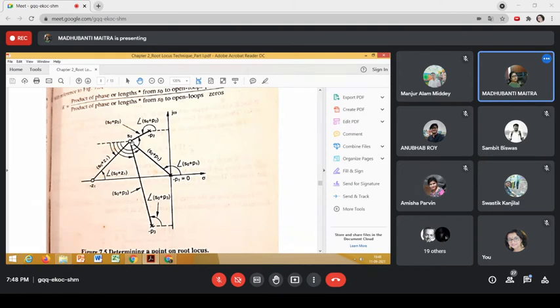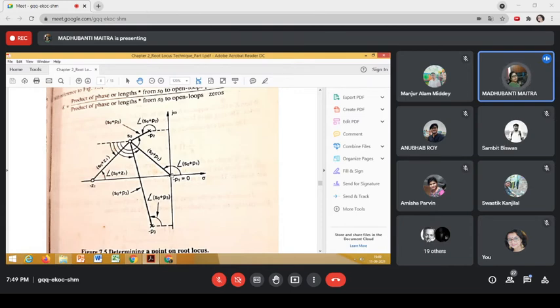Yes, ma'am. So let's take a trial point S0. We don't know whether the trial point is an on locus point or a not on locus point. So to find out, we'll have to apply the angle criterion at this point. How to apply the angle criterion? We'll have to construct these phasors. This is the first phasor.